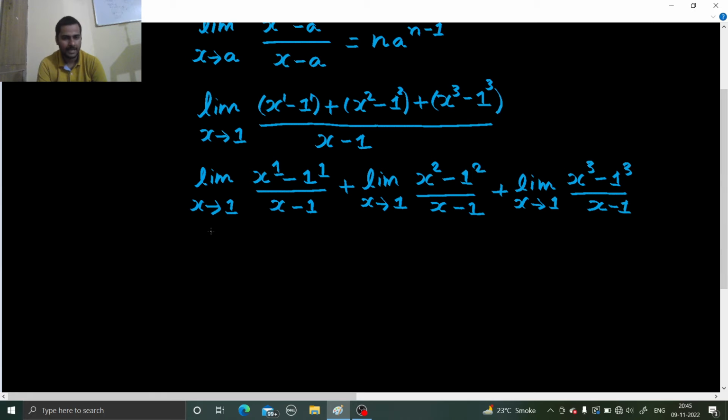Now, here x tending to a, where a is 1, x power n, and here is 1. So we can directly write n a power n minus 1.